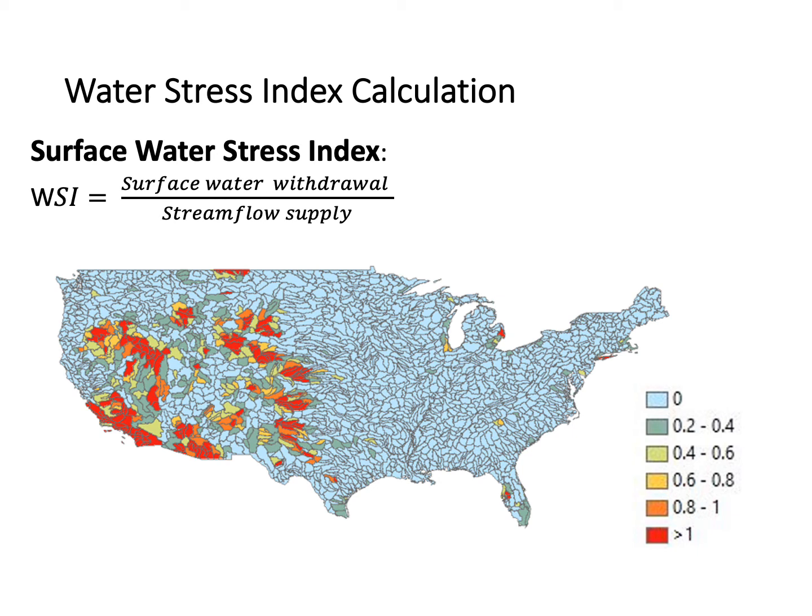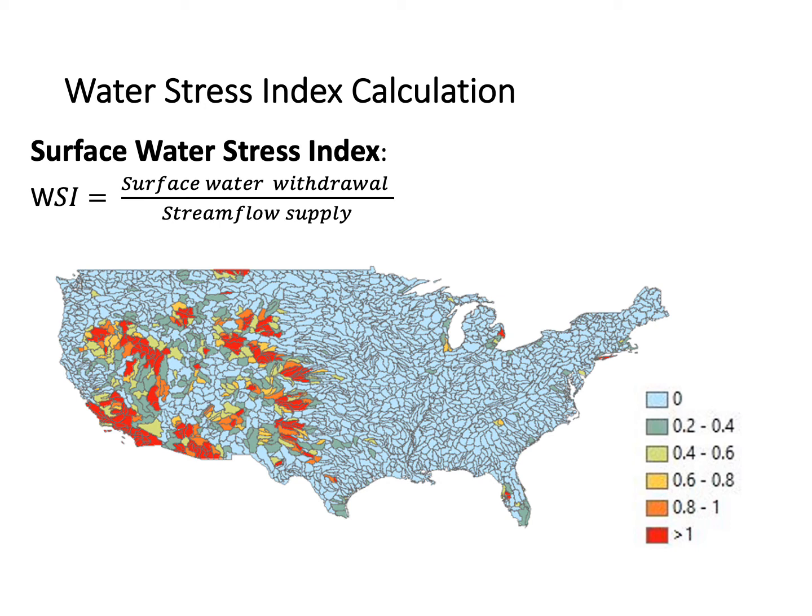So it is surface water withdrawals over stream flow supply. Stream flow supply has been calculated for HUC 8 based on WaterWatch USGS data, and surface water withdrawal data has been gathered from USGS water use data, as they compiled all the water uses for every county for the last 30 years.